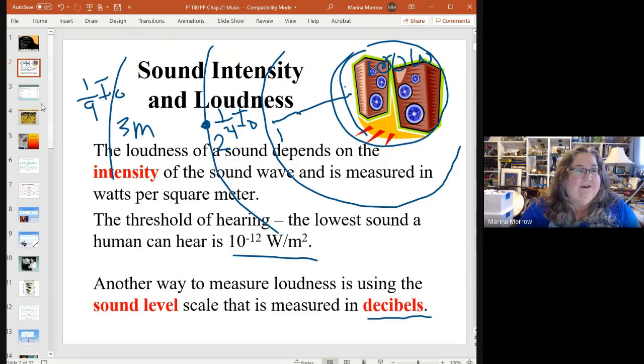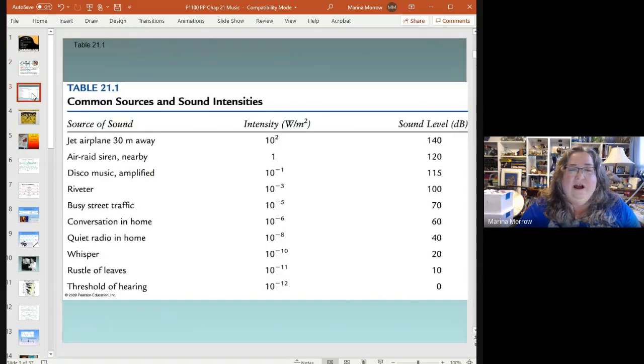Okay, so let's go look at this chart on the next page. This one's from your book. And what it's showing is that you have an intensity scale here, and you have a sound level scale here. One's in watts per meter squared, the other one is in decibels.